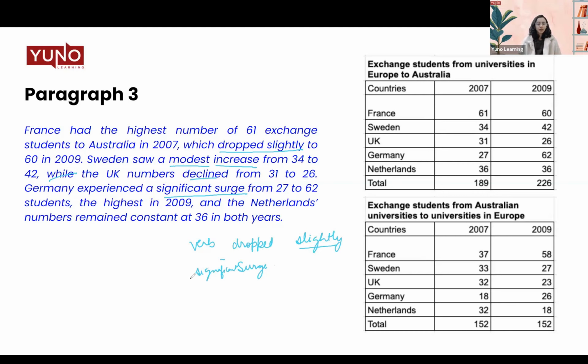You can look for other words, other collocations that go with surge. A major surge. You can also say exponential surge. Exponential is when something goes very rapidly. So there are different words.